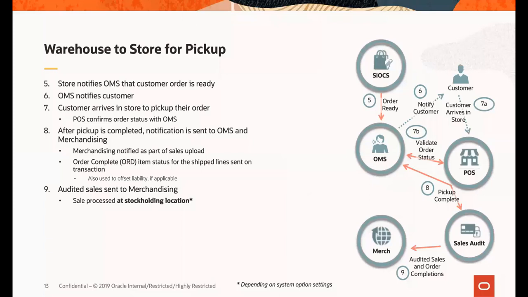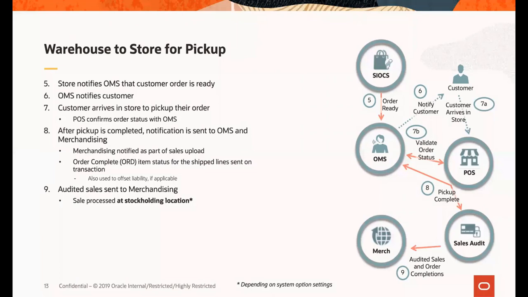So now once it arrives in the store, they will do whatever they need to make sure it's ready for the customer. It may just be notifying order management that they got it as part of that receipt. And order management would notify the customer that their order was ready for pickup. Customer will go into the store and go to the point of sale terminal.